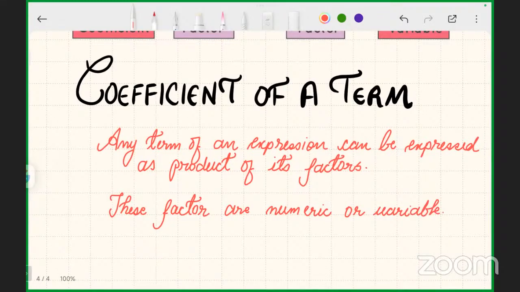Excuse me. God bless you. So the numerical factor. Whenever we talk about coefficient, we talk about the numerical factor. So when you divide the two terms, and one is variable, one is constant, we are looking for the number. Wherever we have the numerical factor, we call it the coefficient.